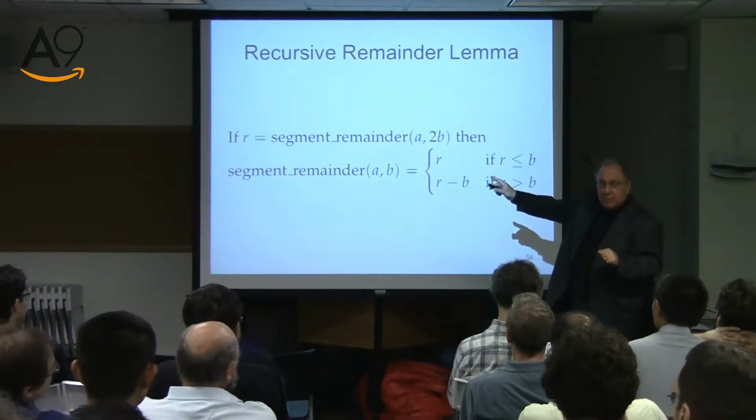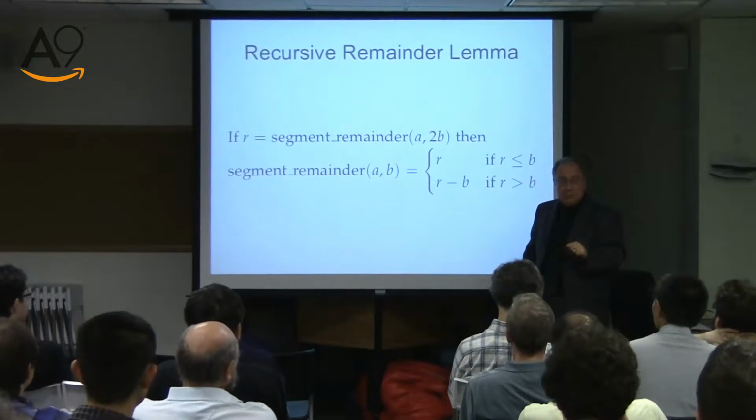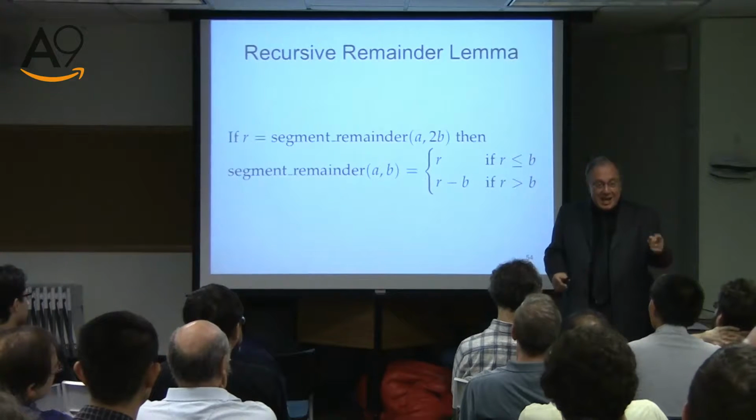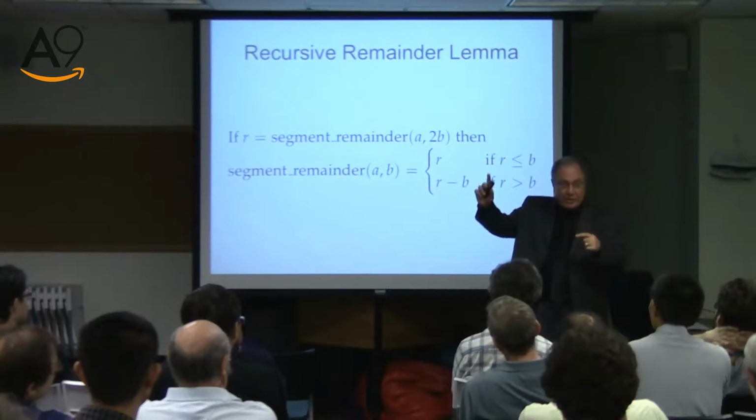Let us assume that somehow we want to compute a remainder of a by b. Right? So we don't know how to do that. Let's try to compute a remainder of a divided by 2b. So it's a bizarre upward recursion.